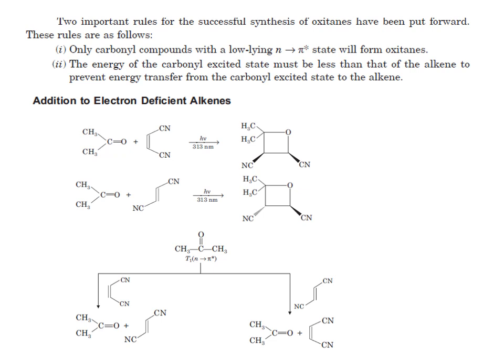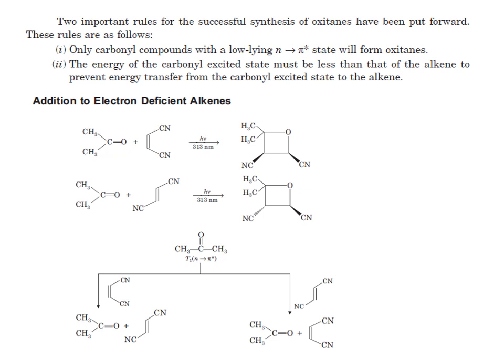In this example, the oxetanes are formed only from the singlet n-π* excited state S1, while the triplet excited state T1 n-π* sensitizes the cis-trans isomerization of the electron-deficient alkene and does not lead to oxetanes. Here you can see a clear example.